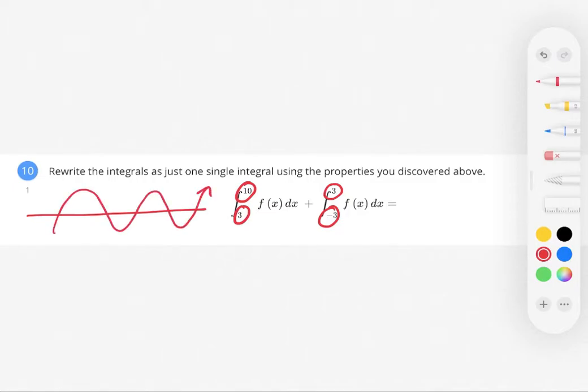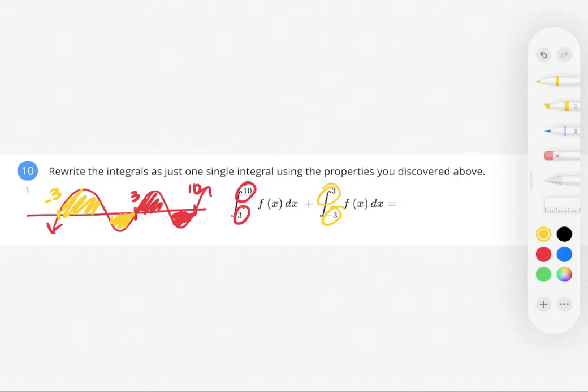It honestly doesn't really matter what it is. But let's say this is 3. From 3 to 10, we know this area right here. That's this first piece. And we also know this second piece, somewhere over here, let's call this negative 3 all the way up to 3.